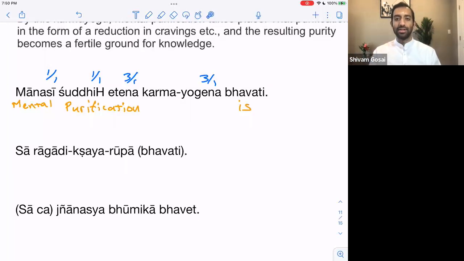Punlinga. Tritiya vibhakti, ekavachanam. So you see, last letter, gender, then we get into the numbers. Third case, singular, and then vibhakti artha. So karma yogena. So manasa shuddhi, karma yogena.